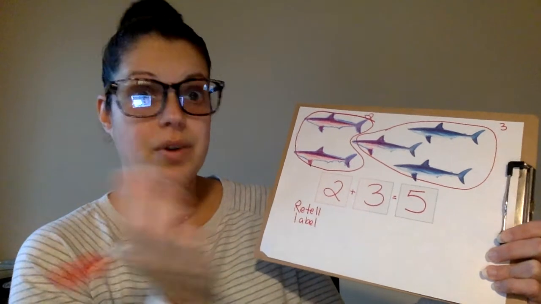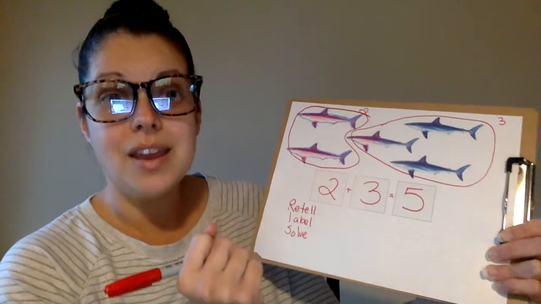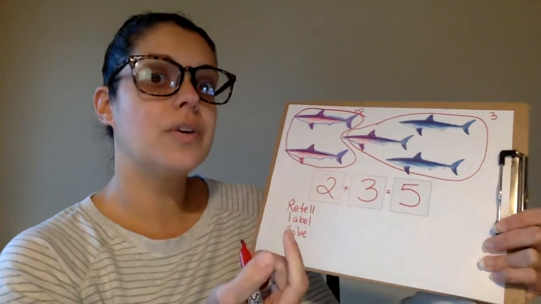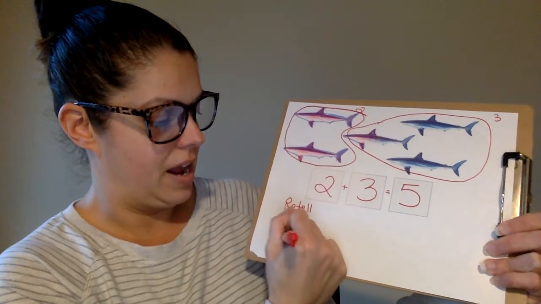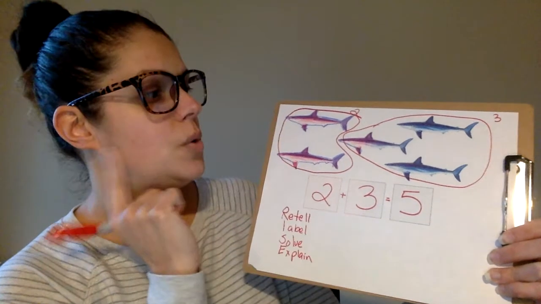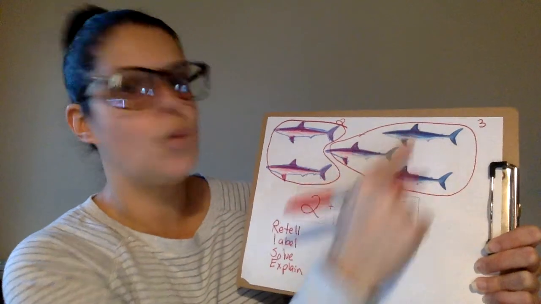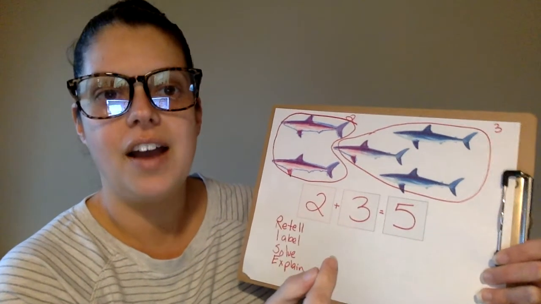The third thing we're going to do is we're going to solve our problem, how many in all. And the last thing we're going to do is we're going to explain how you solve the problem, right? So if you heard, I started at 2 and then I counted 3, 4, 5. I counted up to 5.